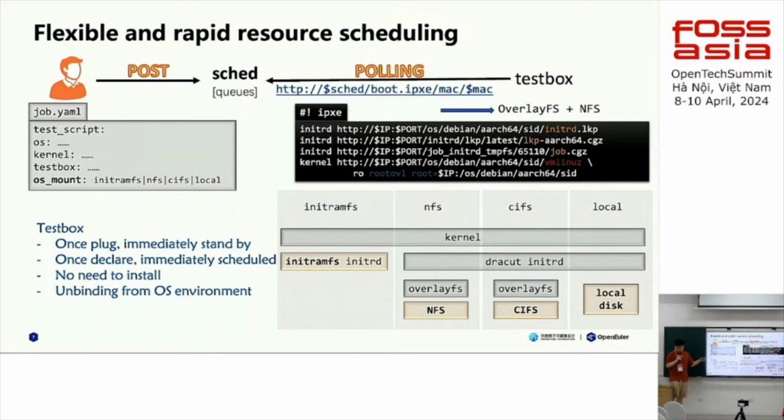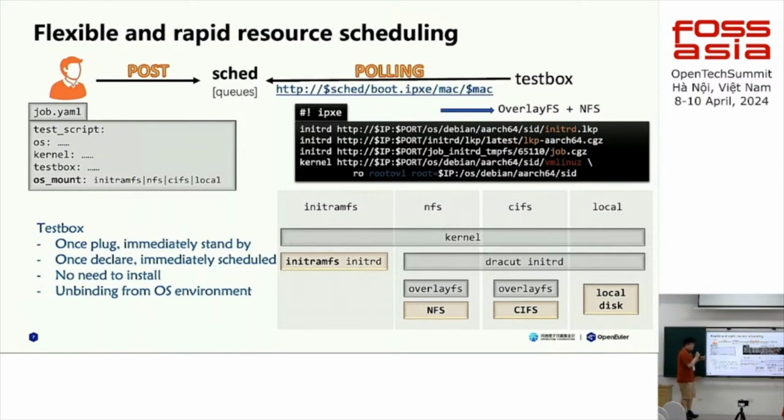But if we use the initramfs, we use the overlay fs way to make it, it will be very fast. To be more specific, the initramfs means we will make all the components into one initramfs file, and all of the system software the job needs will totally run in memory. So it will be so fast when you deploy.